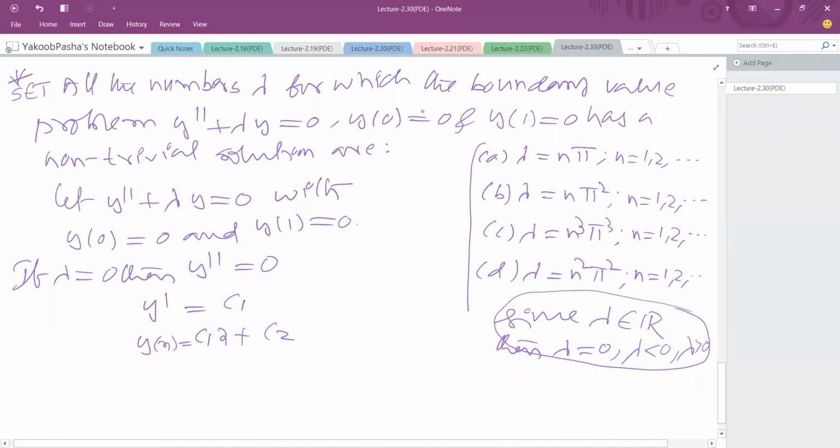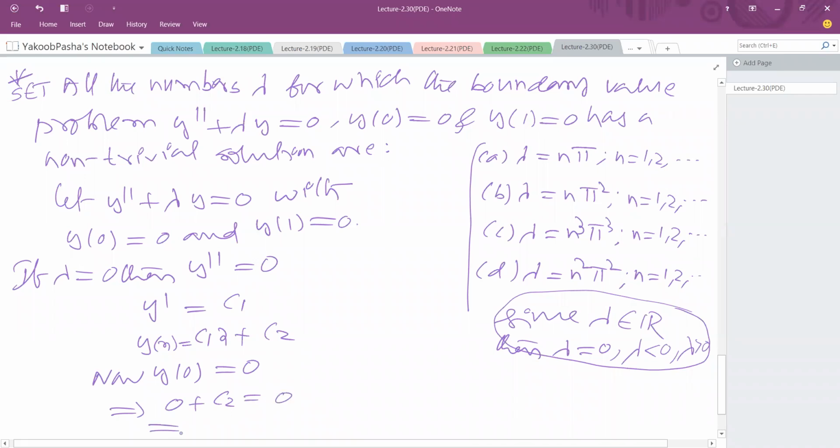We have boundary conditions here: y of 0 equal to 0 and y of 1 equal to 0. First apply the boundary condition y of 0 is equal to 0. In this case, c1 into 0, that is 0, plus c2 is equal to 0.